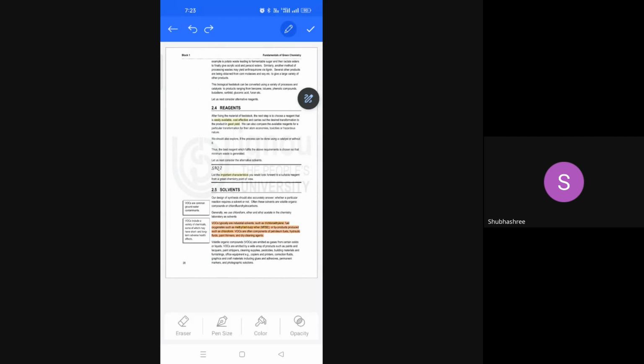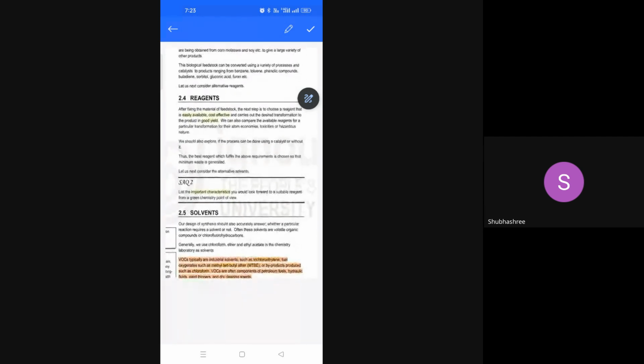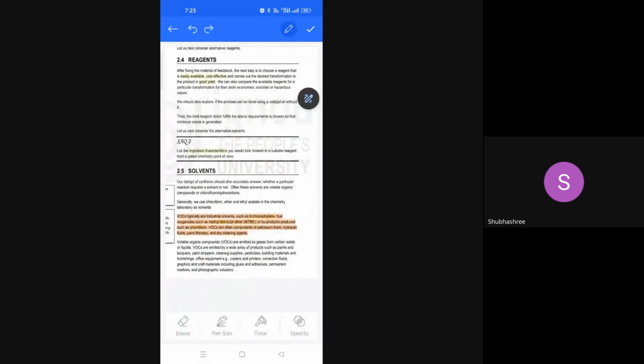Next one, reagent. Reagent means the chemicals or substances used during the course of a reaction. After fixing the material or feedstock, the next step is to choose a reagent that is easily available. Suppose one reaction is possible in both alcohol and water. You should first focus on which one is easily available.